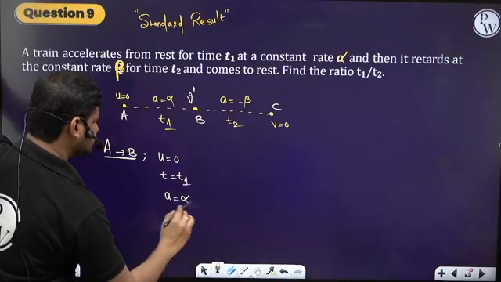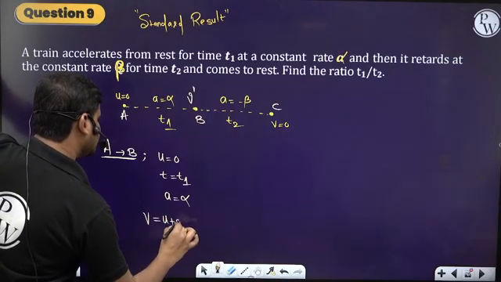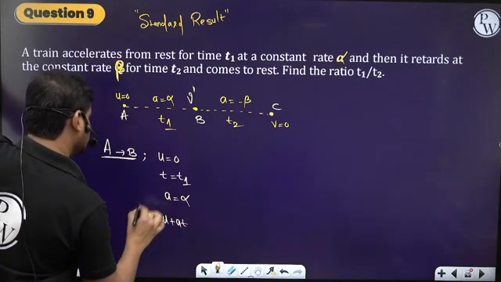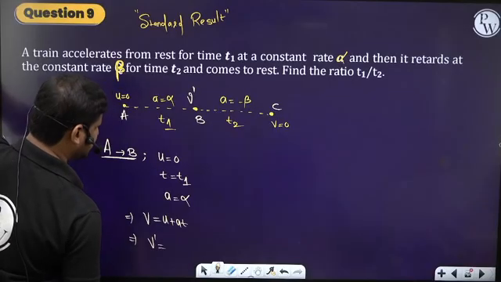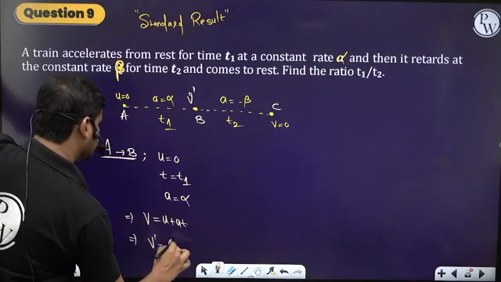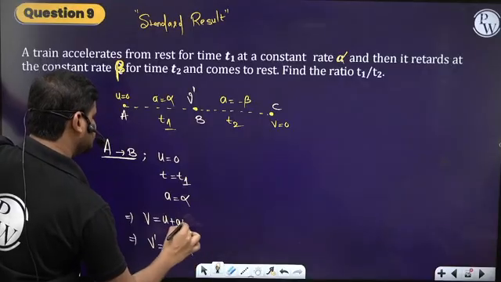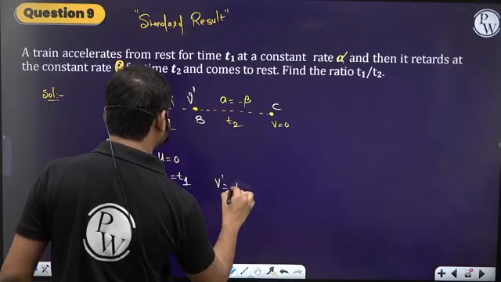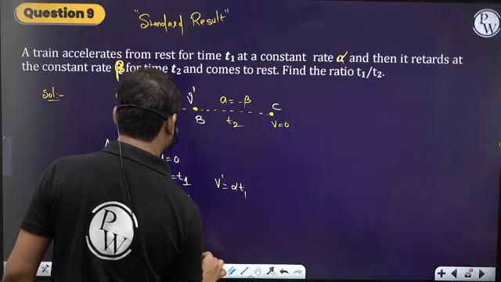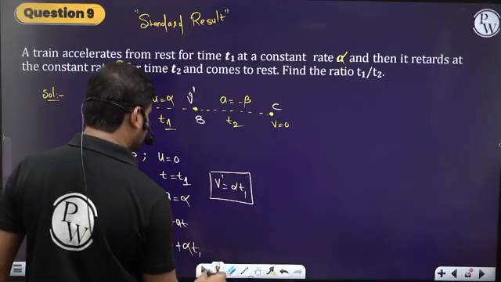Can we apply v is equal to u plus at from here to here? In place of v we have v dash, which is equal to u, 0, plus a, which is alpha, times time t1. So v dash is equal to alpha t1.